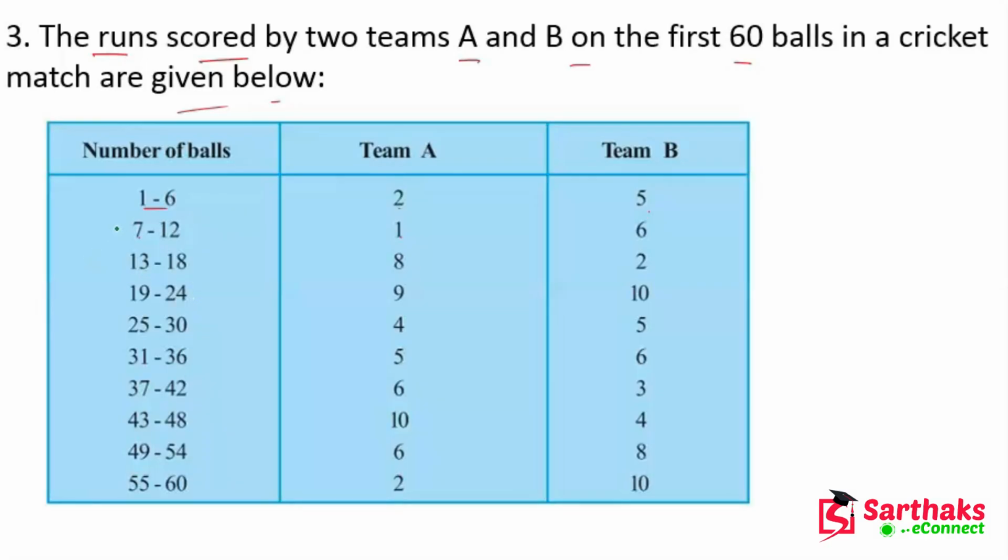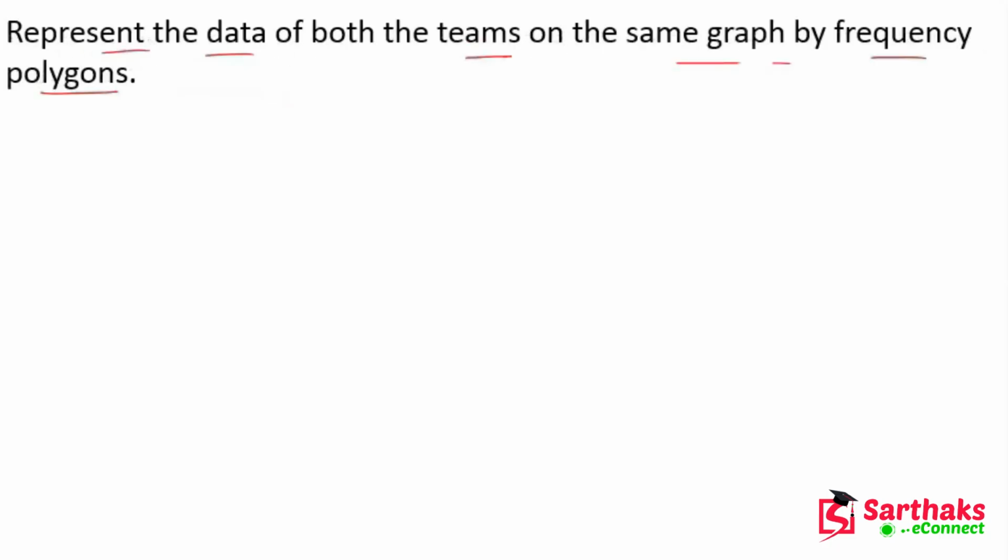You can see this is 1 to 6, 7 to 12, 13 to 18. So to draw the frequency polygon, first of all we have to make the continuous data.